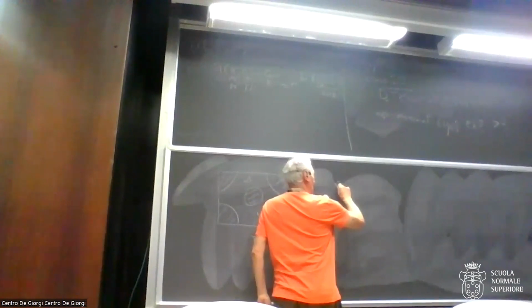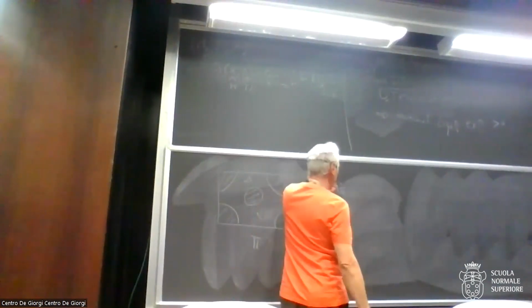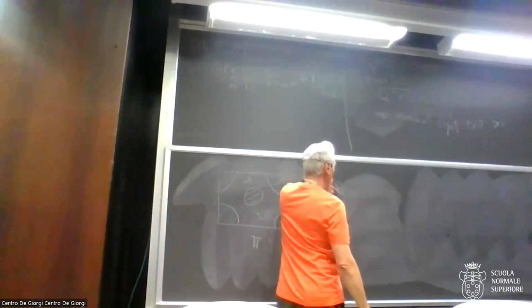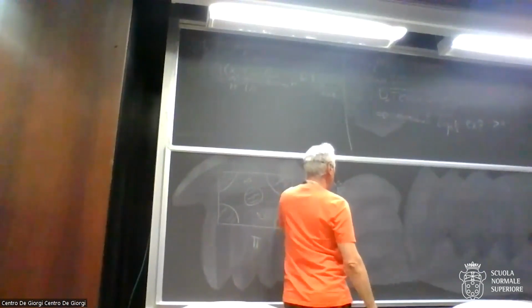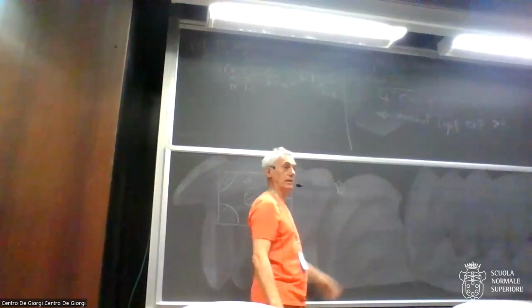Essentially this is a curve, and the tangent vector corresponds to the derivative of this curve at this point.